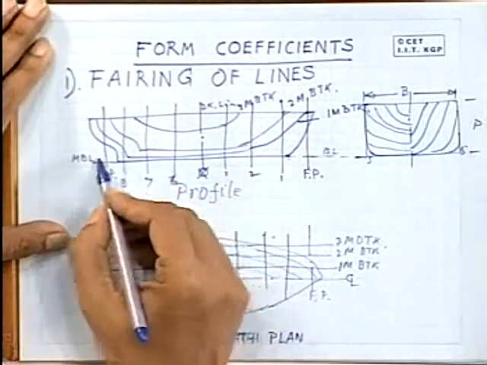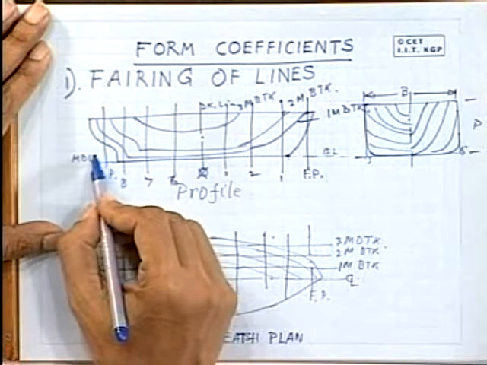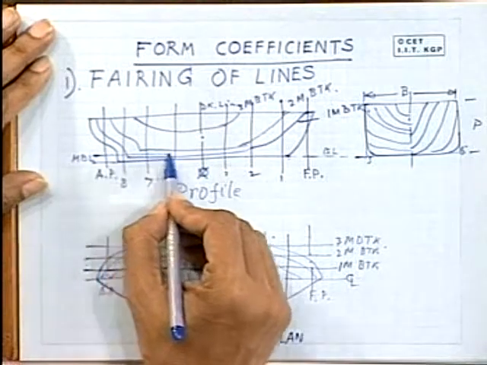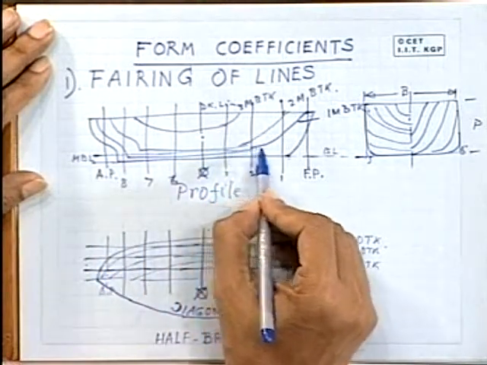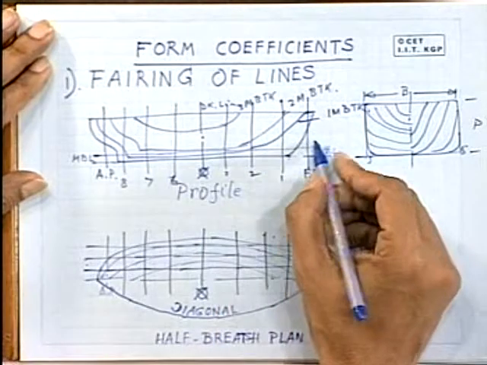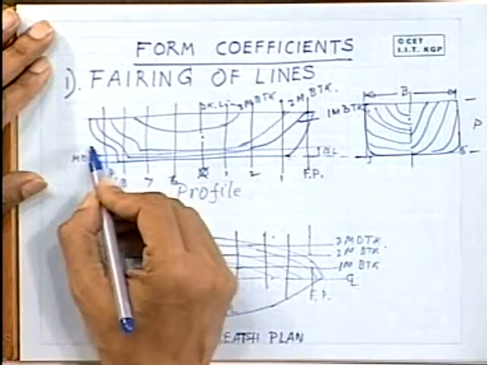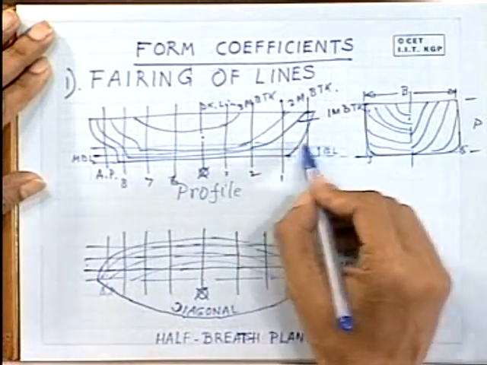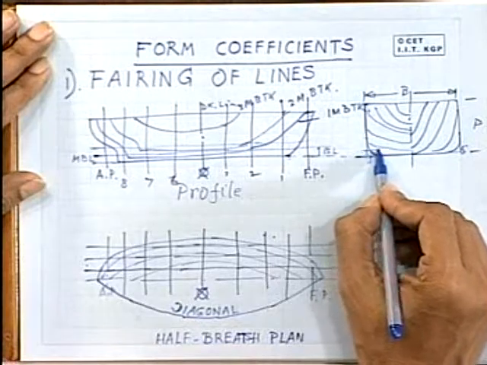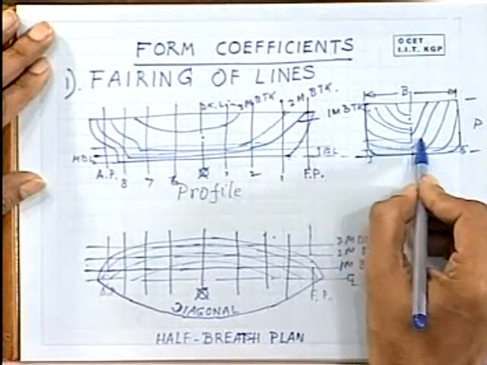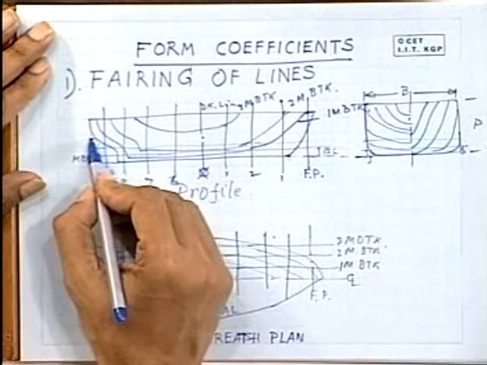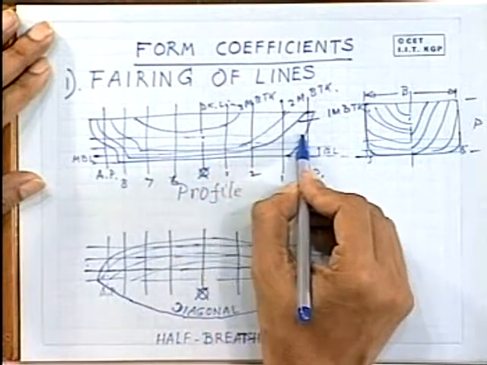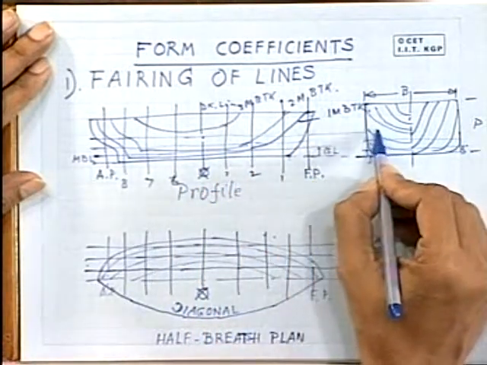Now the water lines are drawn vertically upwards from the molded baseline at equal distances, say at 1 meter interval, and it is better to extend these water lines to the body plan itself. In the body plan also it is better to mark the water lines. Water lines are nothing but horizontal planes intersecting the hull at specified distances from the molded baseline.